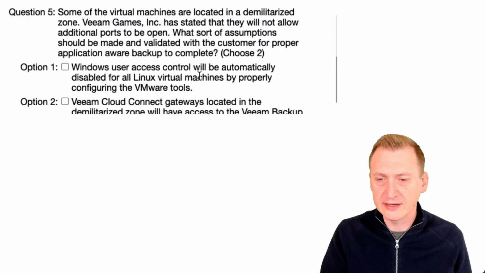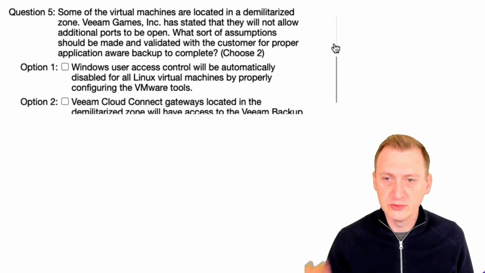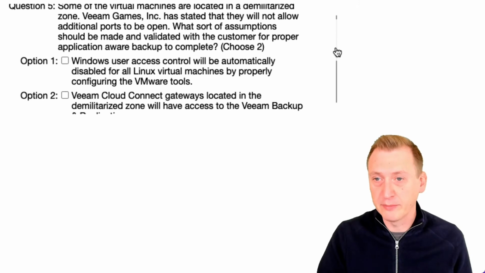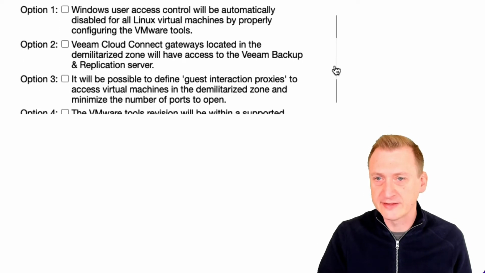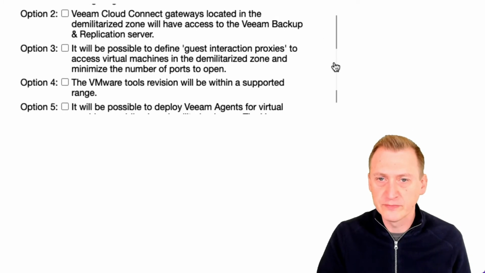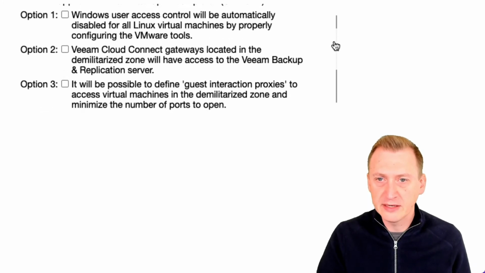And while you could use Cloud Connect as an enterprise customer, if they're looking to send backups to another site, being public cloud, that tells me it's not their site. So this gateway should be on the service provider side, not in the customer's own DMZ. So I'm going to say option 2 is also a distractor here.